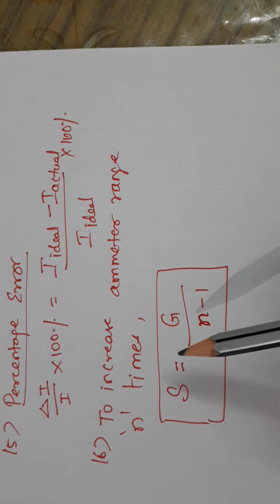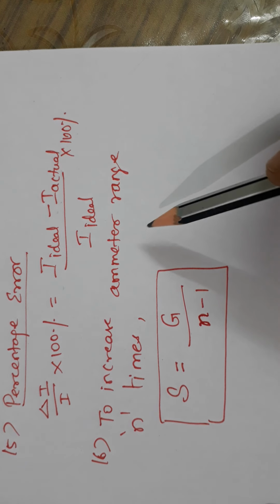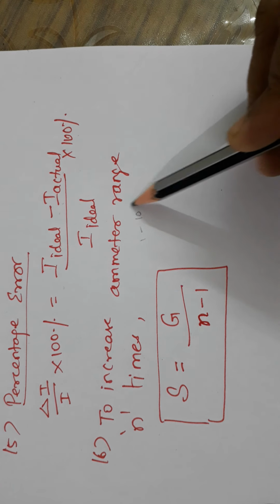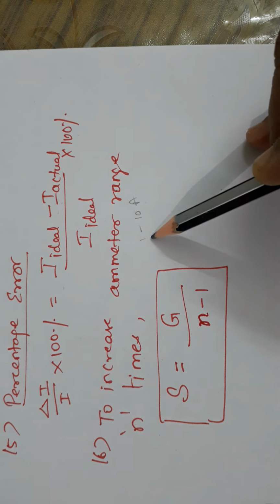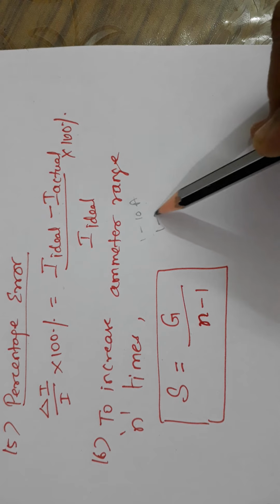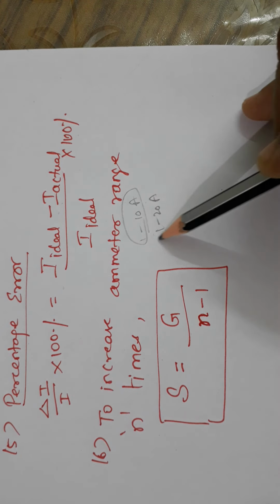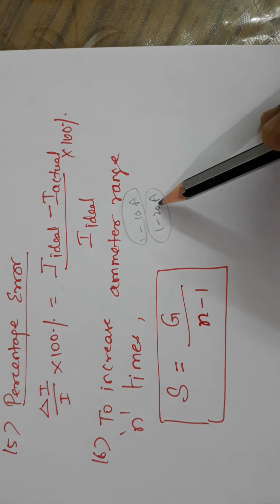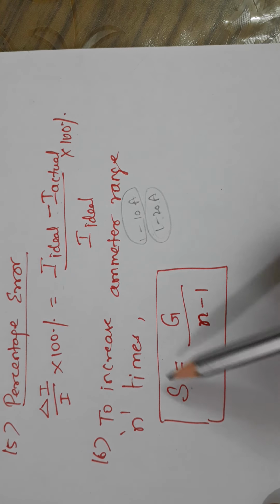And the last point is, if you want to increase the ammeter range n times. For example, you have an ammeter of range where you can measure 1 to 10 ampere. If you want to measure 1 to 20 ampere, you want to increase the ammeter range twice. For that you have to think about the shunt coil, as the shunt coil resistance alone determines the ammeter range.